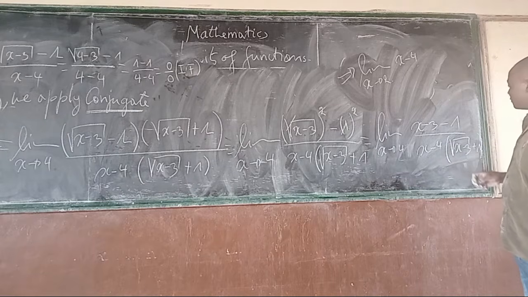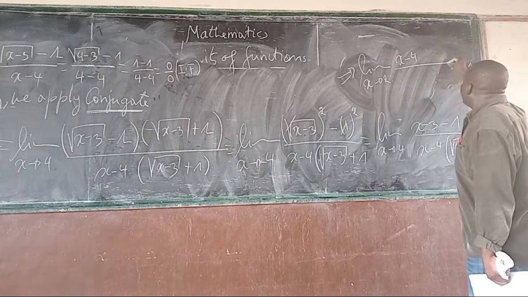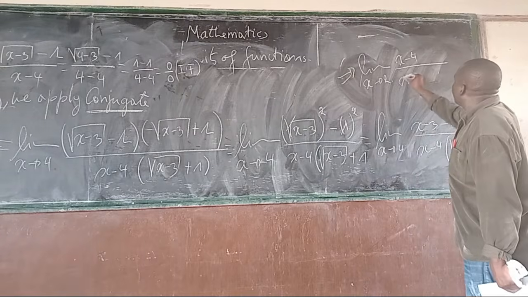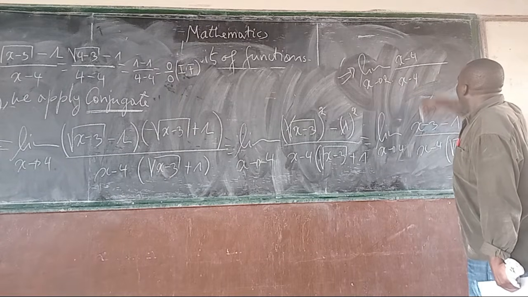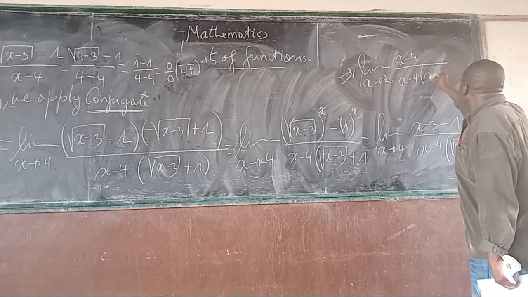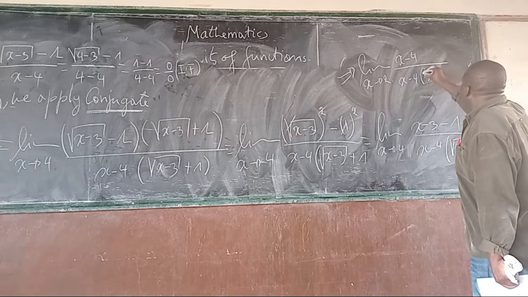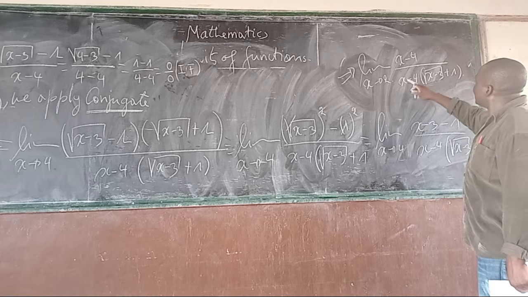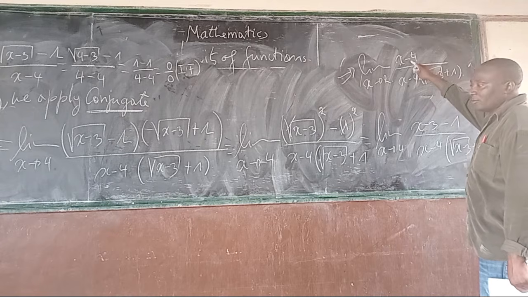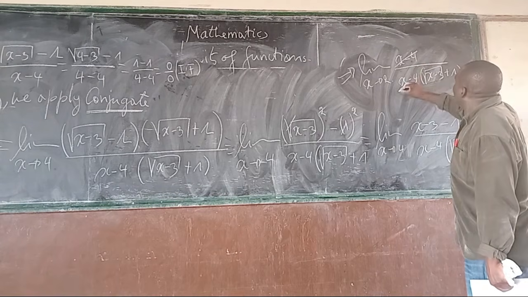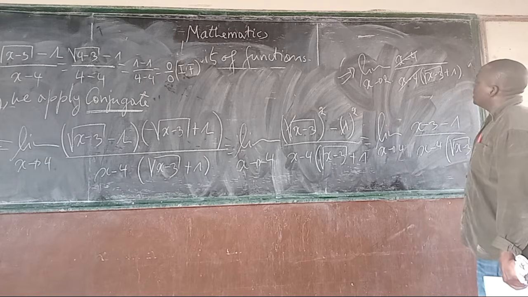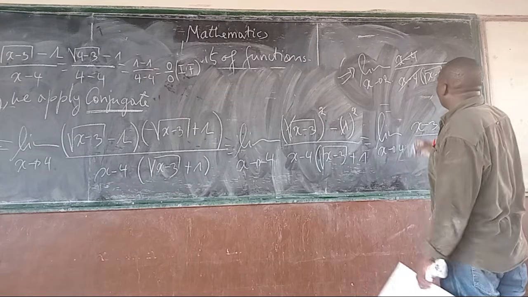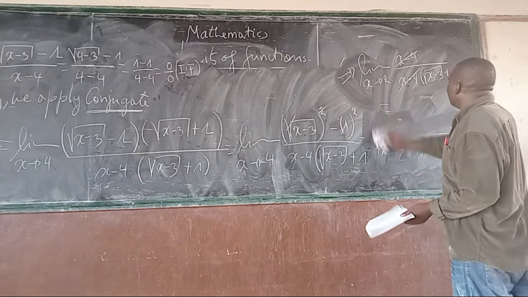We get x minus 4 simply out of here. Then x minus 4 in the factor of square root of x minus 3, then plus 1. As you see, this factor x minus 4, similar factor, I can simplify. Then the final answer here, I am still remaining with what here?